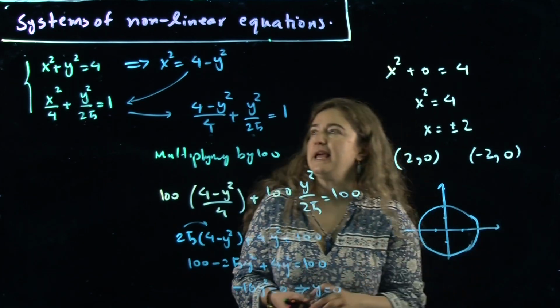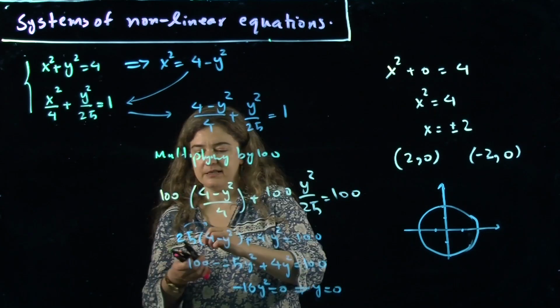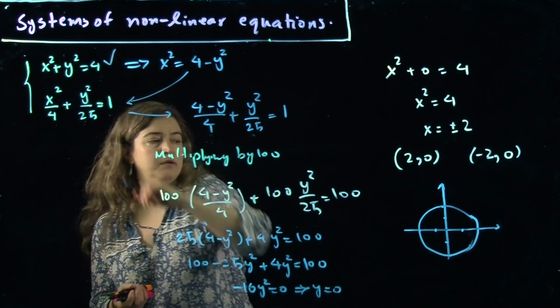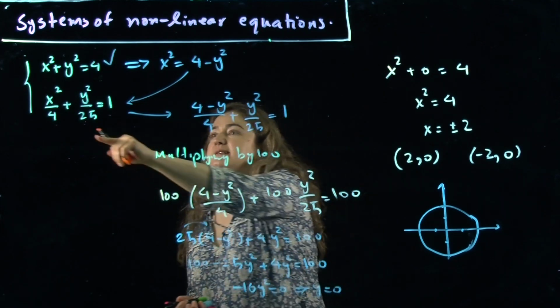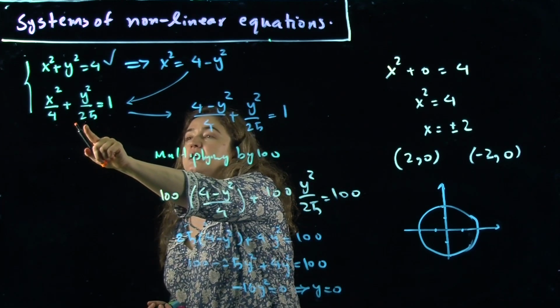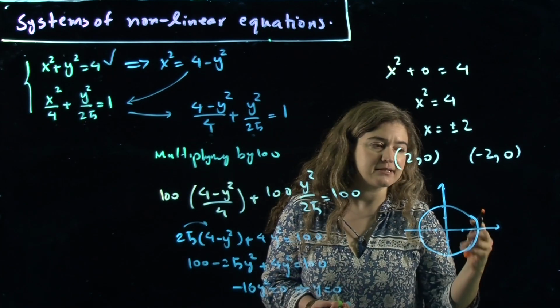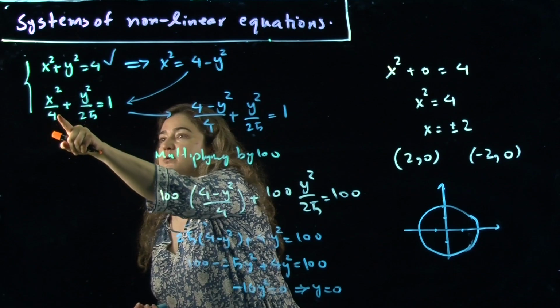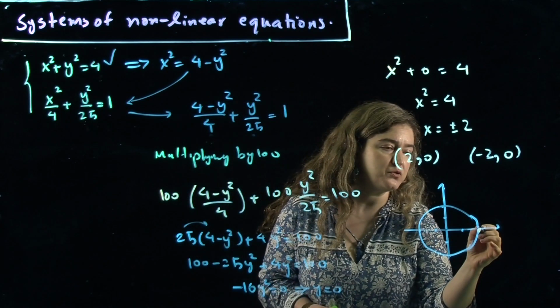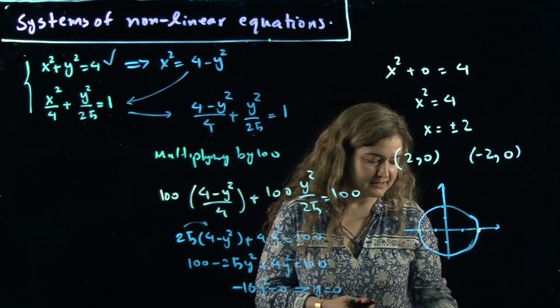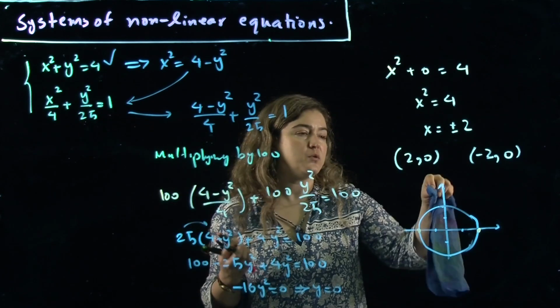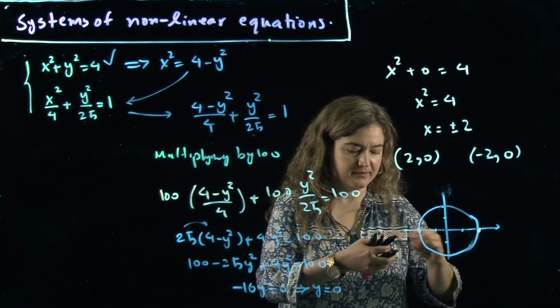Blue is the circle. And the second one is an oval, center at origin. On the x-axis it goes square root of 4, which is 2. On the y-axis it's square root of 25, which is 5.